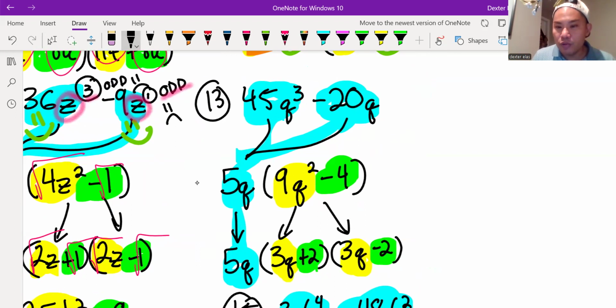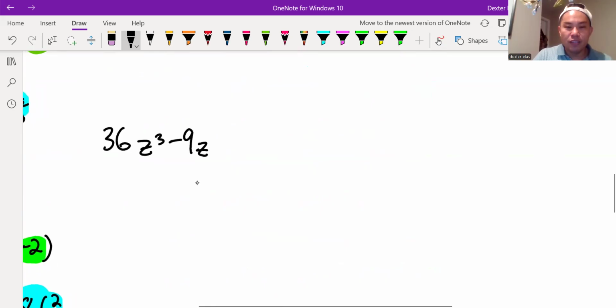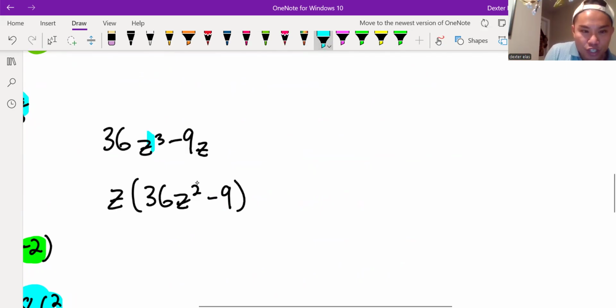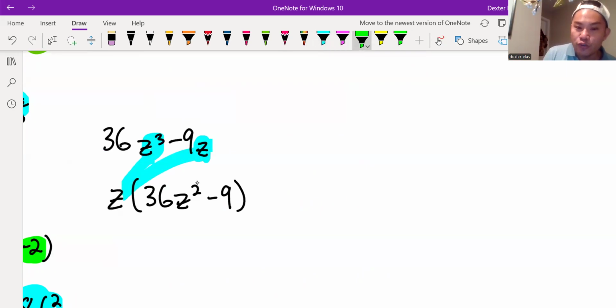Let's rewrite it as 36z to the third minus 9z. And let's say I'm going to pull out a z. After pulling out just the z, it actually does turn into the difference of two squares. So just the z was factored out, and all the other terms stay the same.